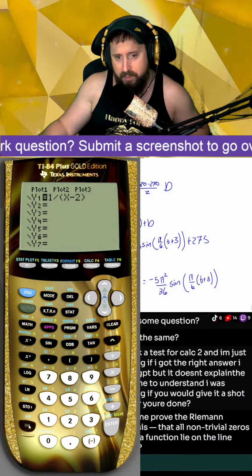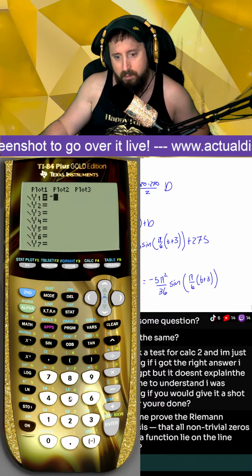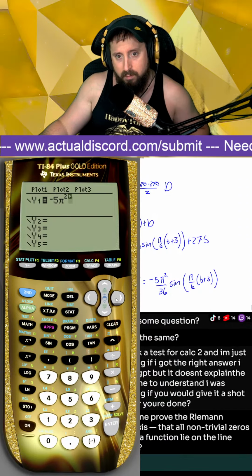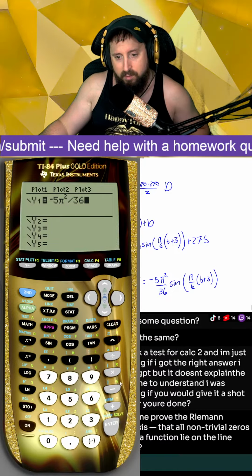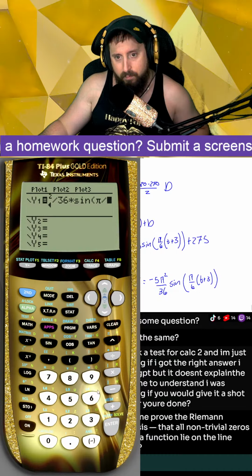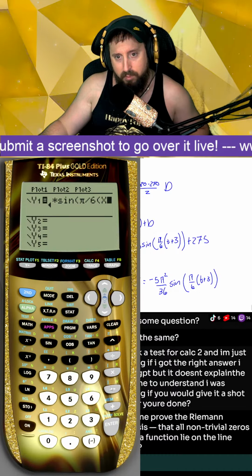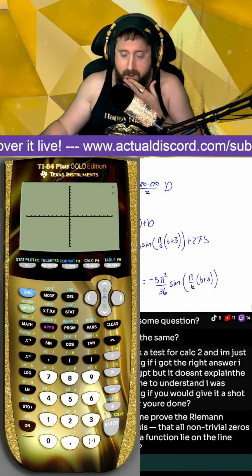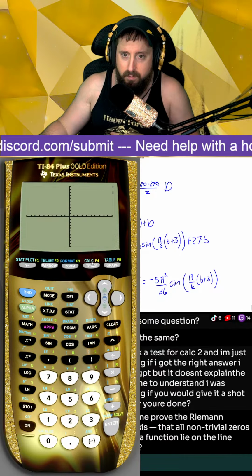Yeah, so I don't think the plus 3 does anything. So here, let's just put this in. So this is negative 5 pi squared divided by 36, and then this is times the sine of pi over 6 times x plus 3, right? And let's trace it. It's probably going to get mad at me because it's small.